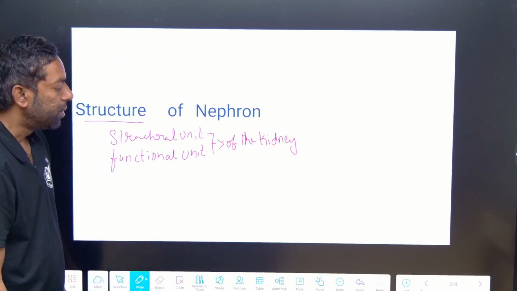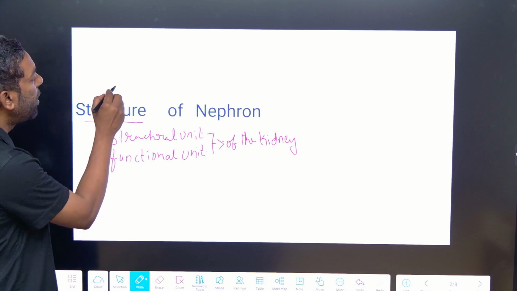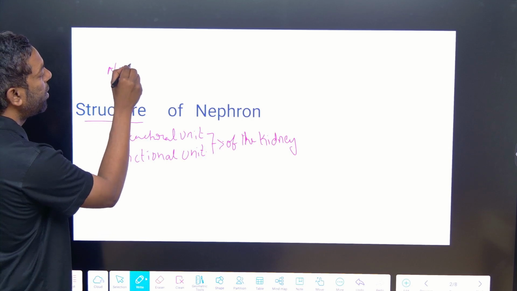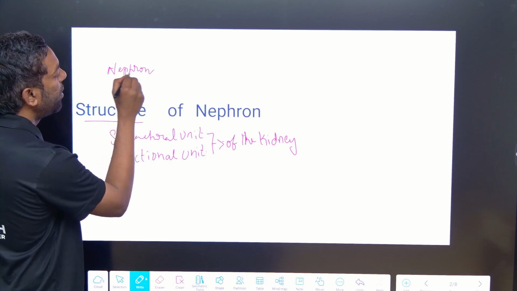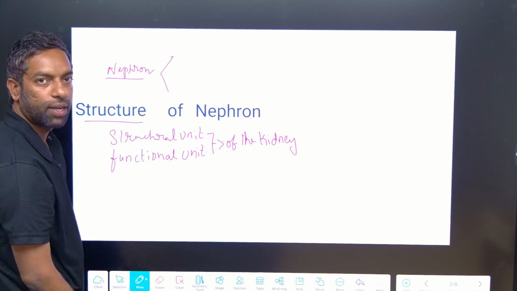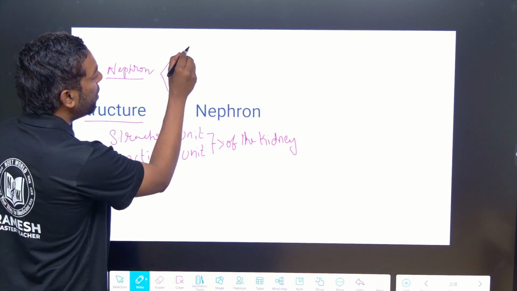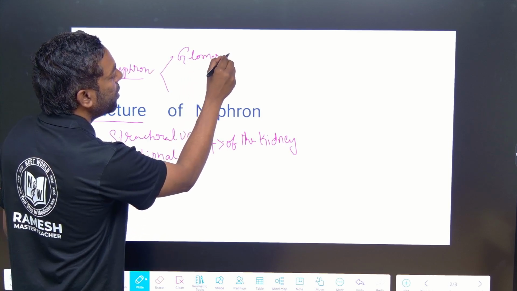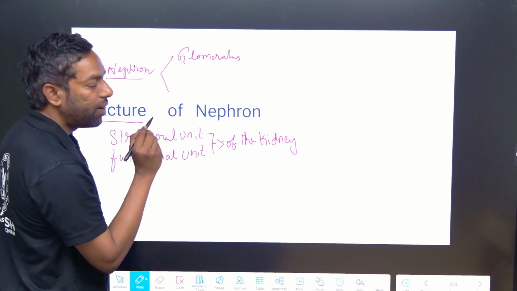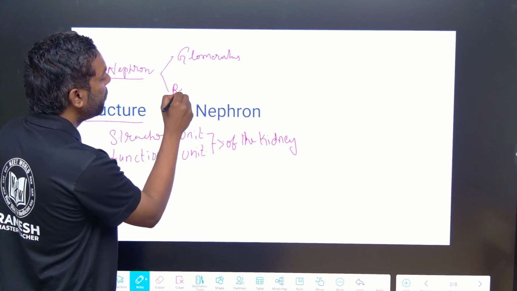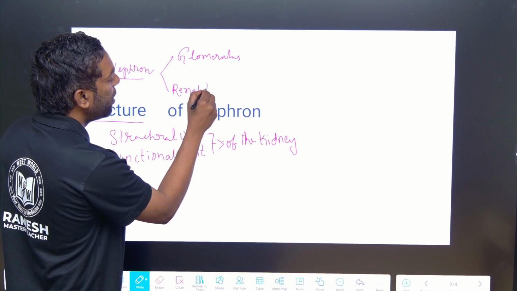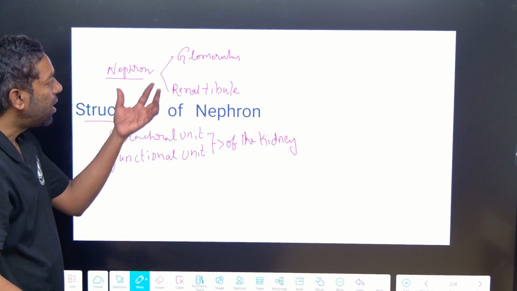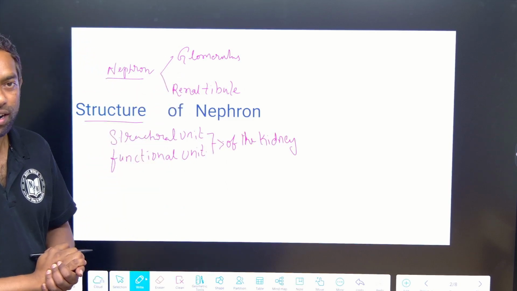Structurally, nephron has two parts. One is the glomerulus and the next one is the renal tubule. These are the two parts that come under the nephron.